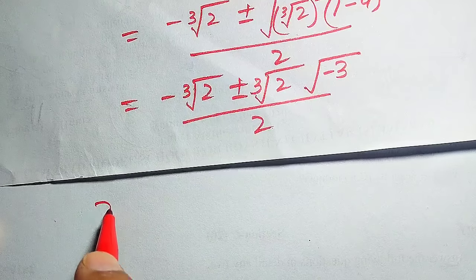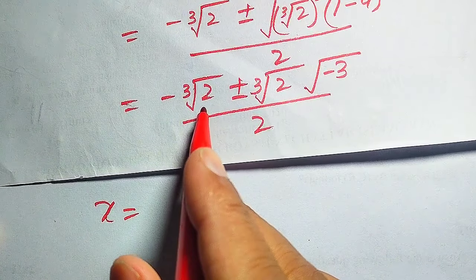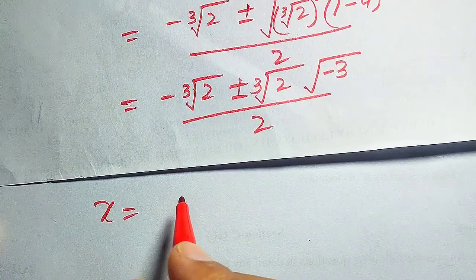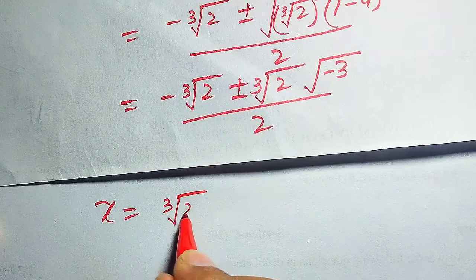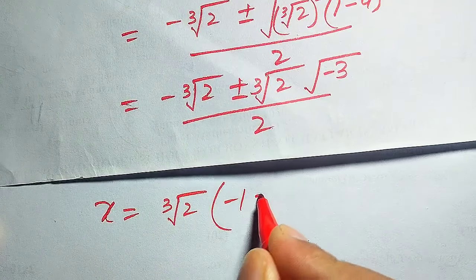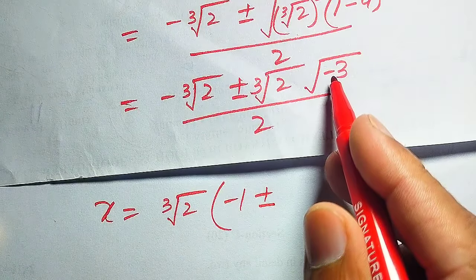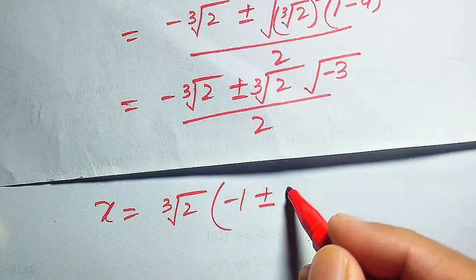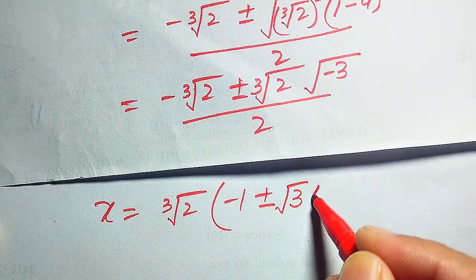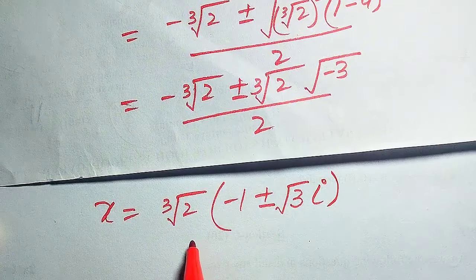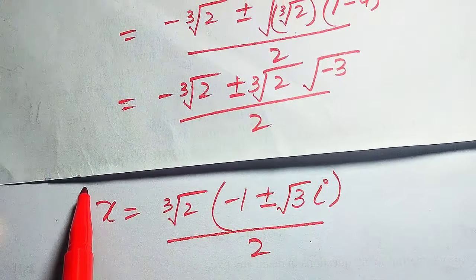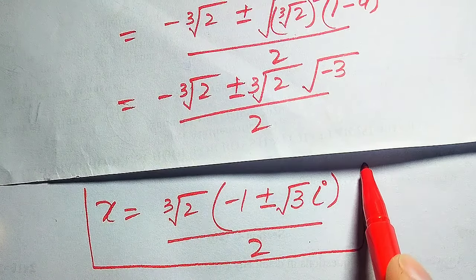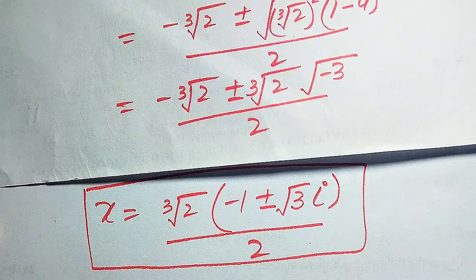So here we need to take common cube root of 2 into the numerator side, so it will be written as cube root of 2 into, here we get minus 1 plus minus, and we know that when a negative sign appears inside the square root it becomes iota, so we get square root of 3 into iota, divided by 2. So these are the two values of x which we get from this equation.